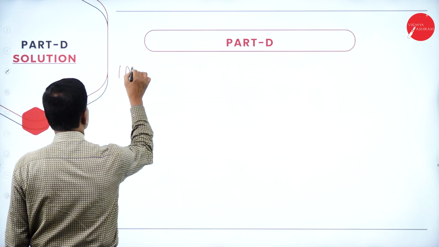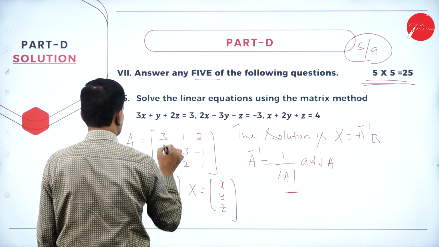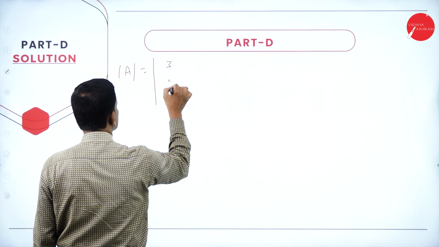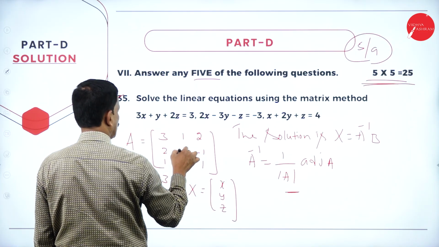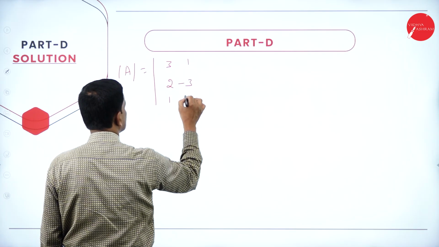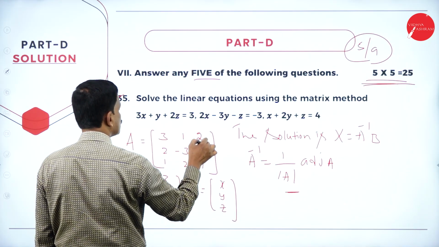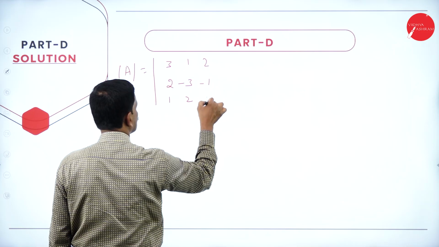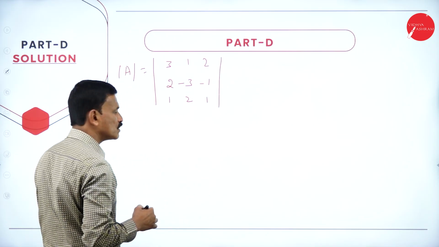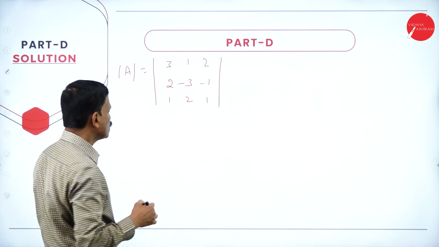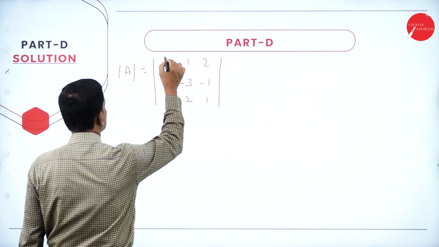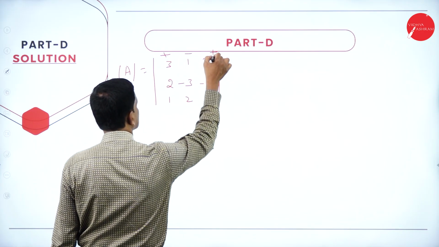So, determinant of A is equal to the determinant with rows 3, 1, 2; 2, minus 3, minus 1; 1, 2, 1. Now, find the value of this determinant. Expand with respect to the first row with signs plus, minus and plus.